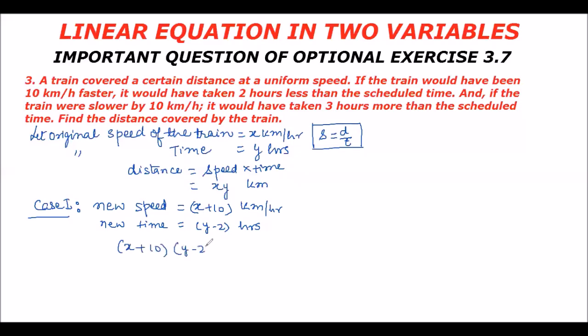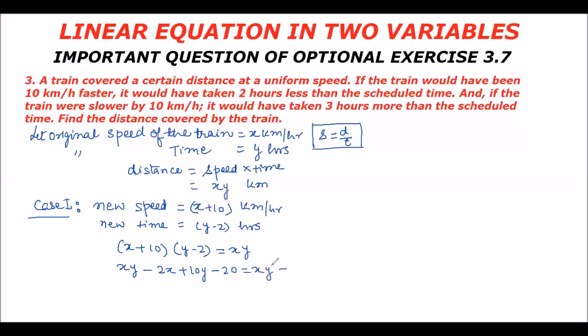But you are traveling the same distance, therefore this must be equal to the original distance. Open the bracket, simplify it, and get equation 1 of the system. So this is xy minus 2x plus 10y minus 20 is equal to xy.